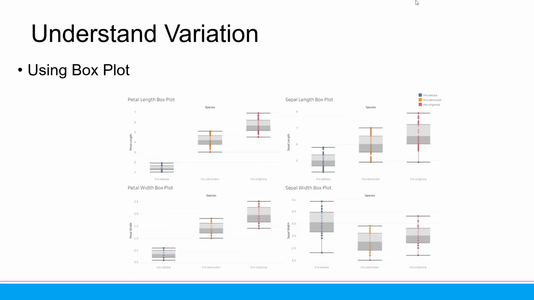You can see that iris setosa is very low, versicolor is in the middle, and virginica has the longest petal length. This kind of variation is important before you do the data mining.